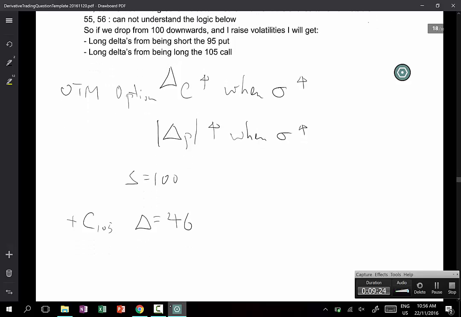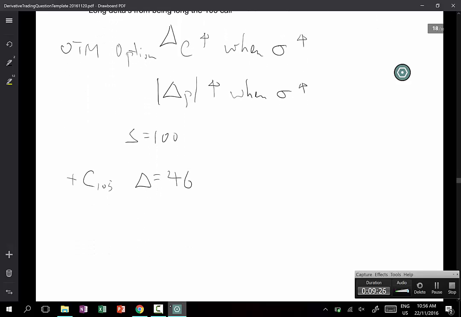So it's less than 50 delta. And then you are short the put at 95. A 95 put may have a delta of, let's just say, minus 46.